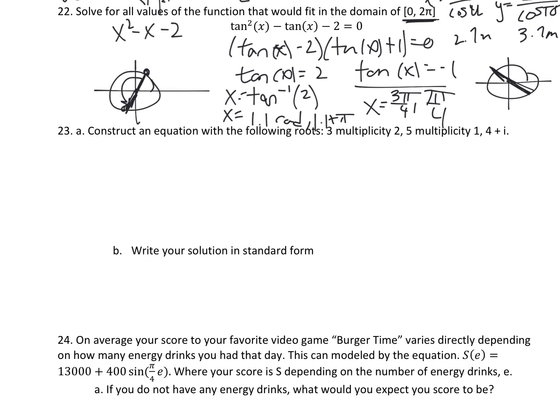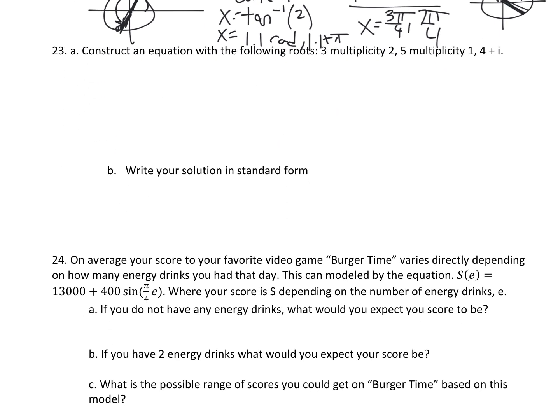Now this one I worked out. I'm not going to work out the entirety of this problem just because of how long this is. So we have y equals x minus 3 squared x minus 5. Now remember, in its entirety, if it tells me the root, I do the opposite, and then my multiplicity tells me what degree.